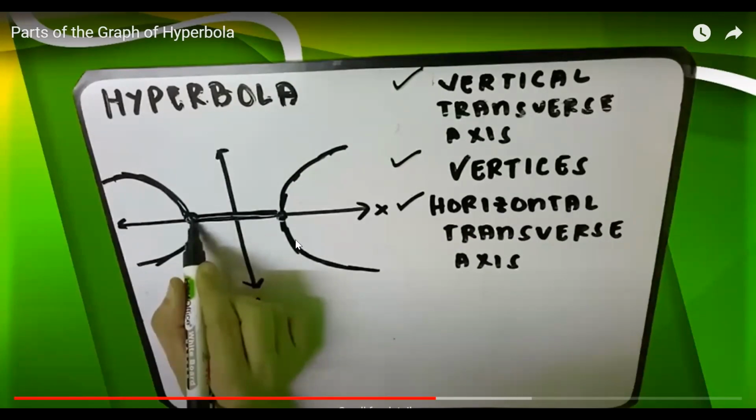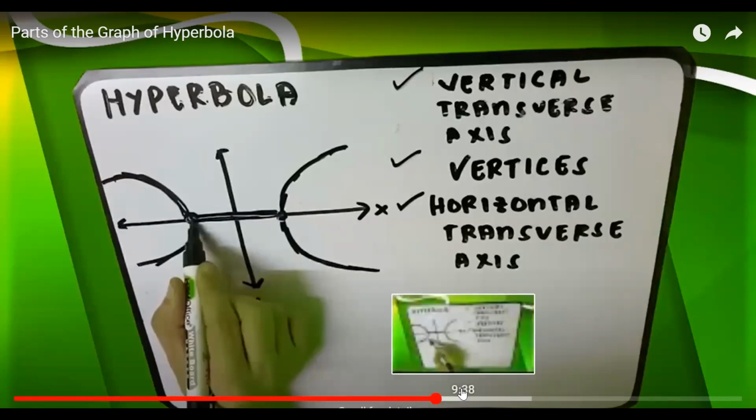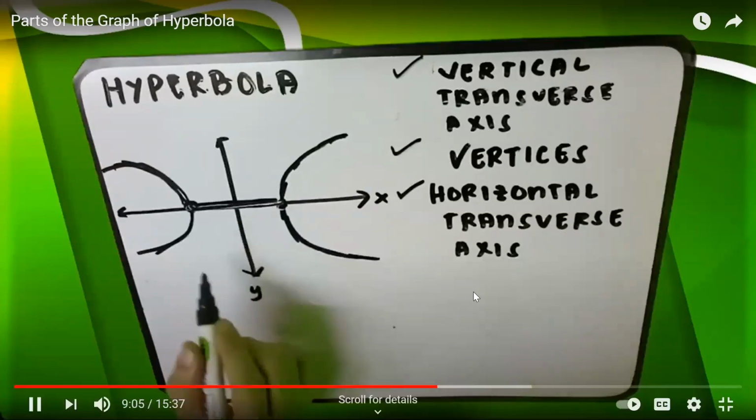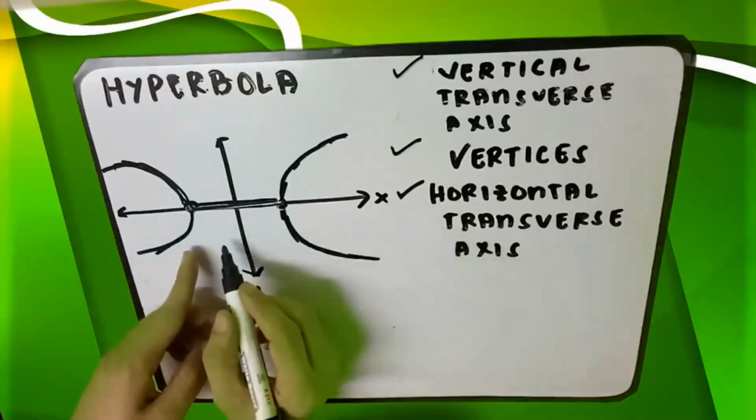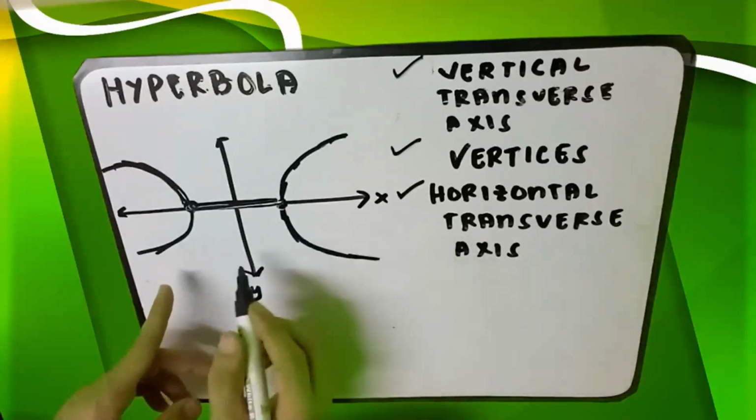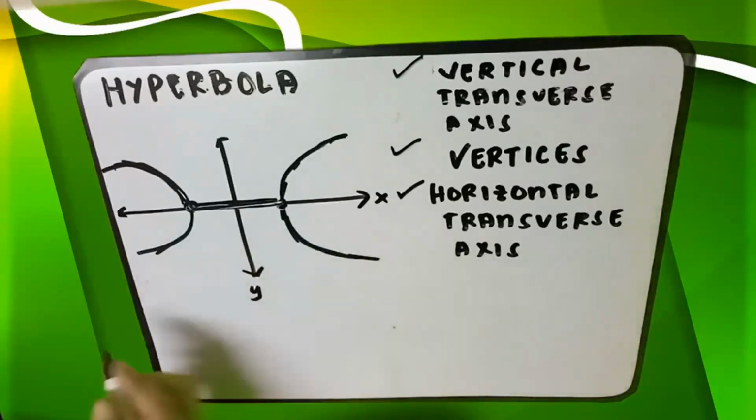But in this example, the given graph opens sideward, opens to the left and to the right. So it means the line segment that forms is horizontal. So that is a horizontal transverse axis. Sa x-axis, pwede rin siyang wala dito sa mismong x-axis as long as parallel siya dito sa x-axis na makikita natin.